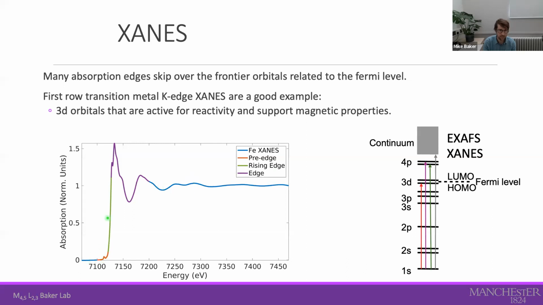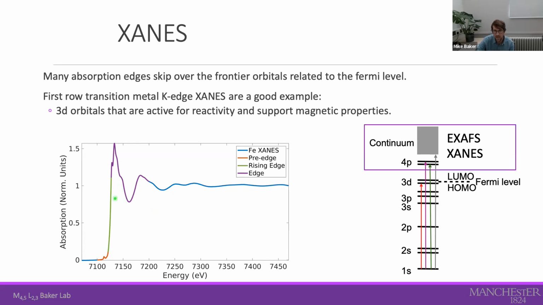So here is a typical picture of an iron K-edge XANES spectrum. Out here we have these wiggly lines related to the XAFS, and then we have the absorption threshold, which is a transition exciting a 1s electron into an unoccupied 4p.